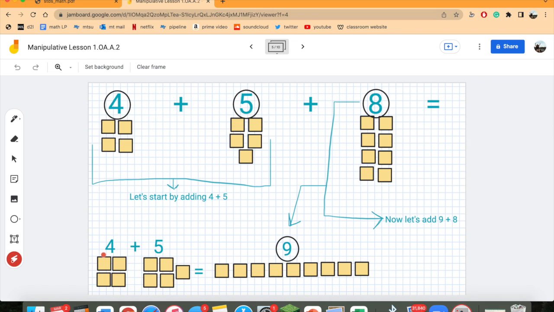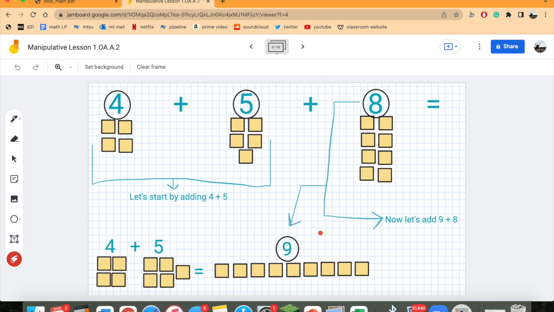So 4 plus 5, like we just added, equals 1, 2, 3, 4, 5, 6, 7, 8, 9. So we know that 4 plus 5 equals 9. So we've already done half of the equation, 4 plus 5, and we know that that equals 9.